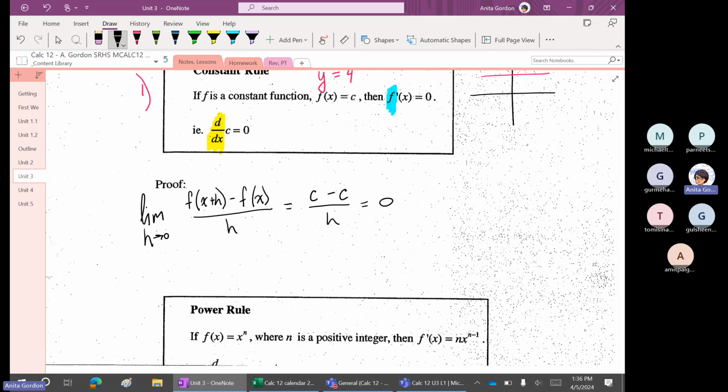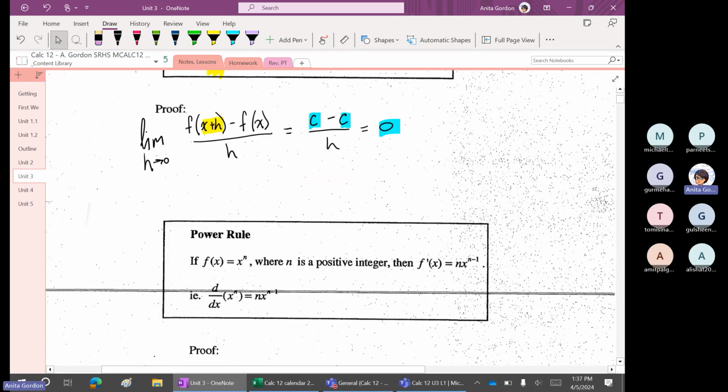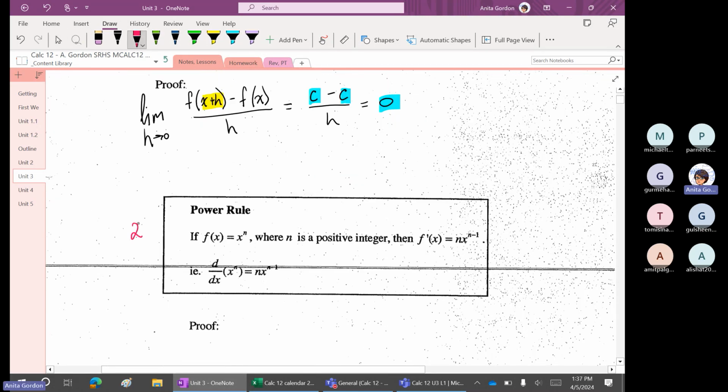This is going to be 0, right? Because we put x plus h in place of x. This function doesn't have an x, so I just have a constant. So c minus c is 0, therefore the derivative is 0. Simple? Great. Let's move on to rule number 2, the power rule.